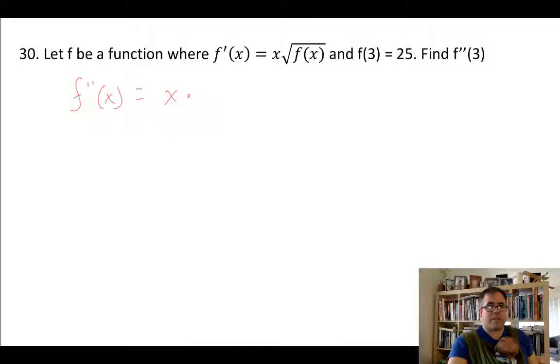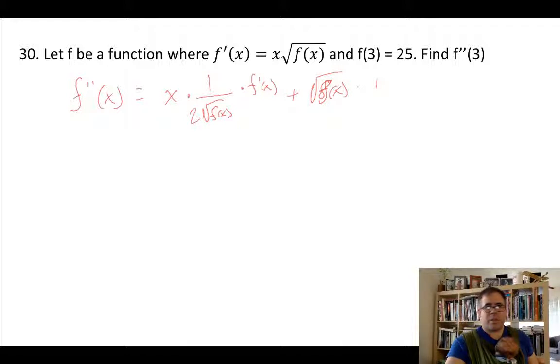So we're going to have 1 over 2 square root f of x, and then we're going to use the chain rule, so it's going to be f prime of x. And then, product rule, we have to say plus the second, square root of f of x, times the derivative of the first, which is just 1.